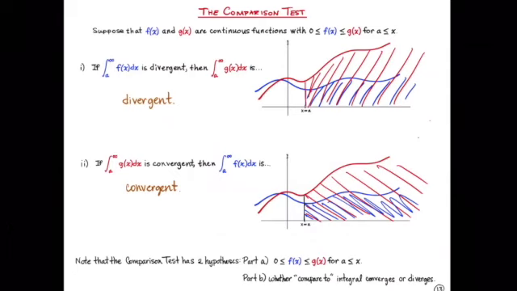So we had a curve, this was the 1 over x squared or 7 over x squared that we knew is convergent, and it has to lie above the x-axis. So that's where this 0 less than or equal to f of x less than or equal to g of x comes into play. That part is just telling us that it is a positive area.